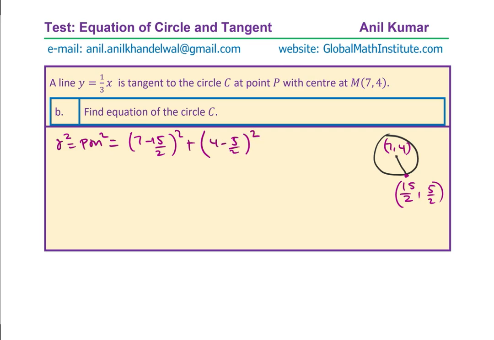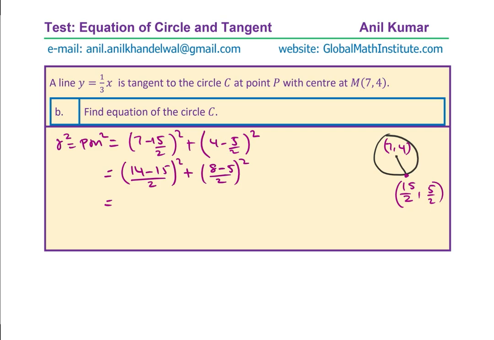So that is what it is. Let's try to figure this out. How much do you get? If I write 7 as 14 over 2, we get 14 minus 15 by 2 whole square plus 8 minus 5 by 2 whole square, correct?